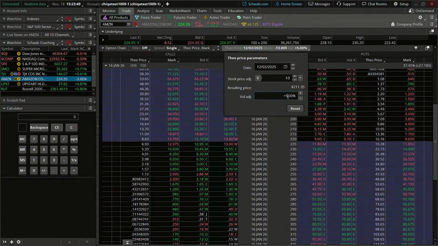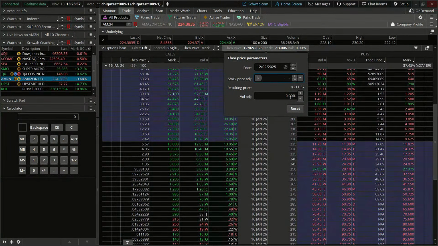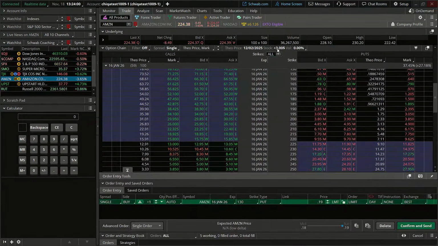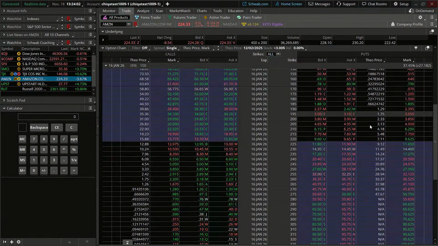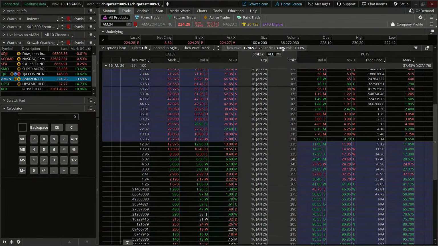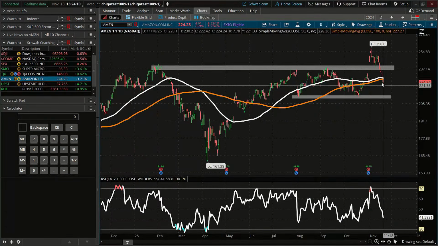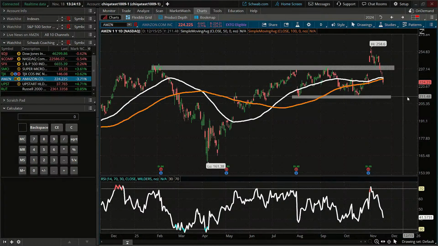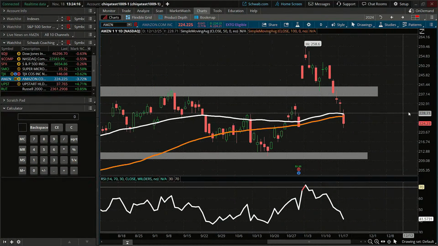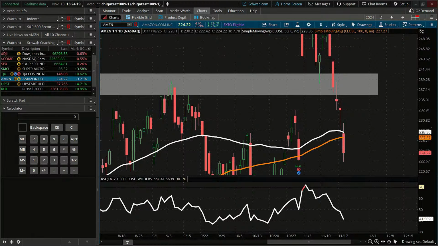And then let's just say there's no change in implied volatility, but the stock price moves up against us, say $3 to the upside. The reason I chose $3 is that if I go back to the chart and look at where the 50 period moving average and the 100 period moving average are, I can see a $4 move to the upside would be the 50-day, and a $3 move to the upside would be that 100-day moving average.